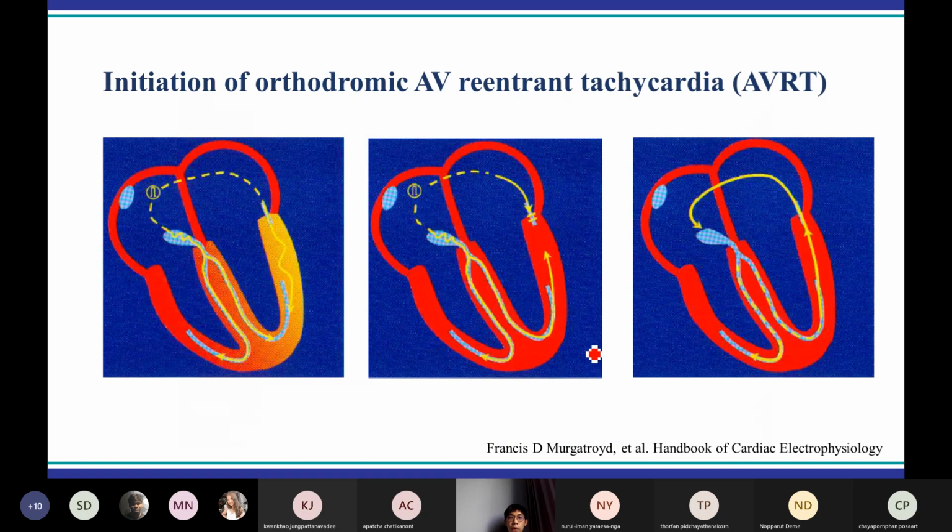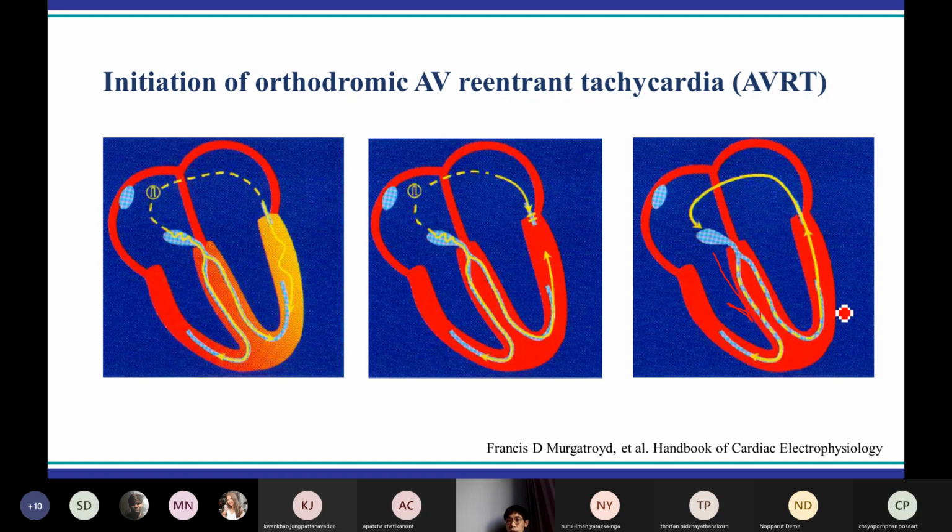So how can it initiate the tachycardia? If you remember the re-entry mechanism, it consists of a slow pathway and a fast pathway. The slow pathway in these patients with orthodromic AVRT is the AV nodal and His pathway.